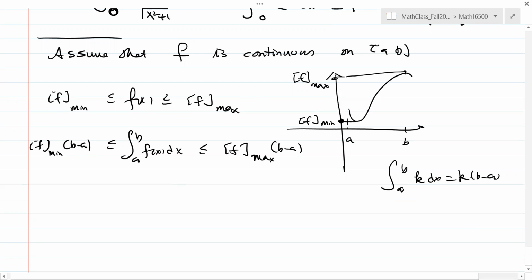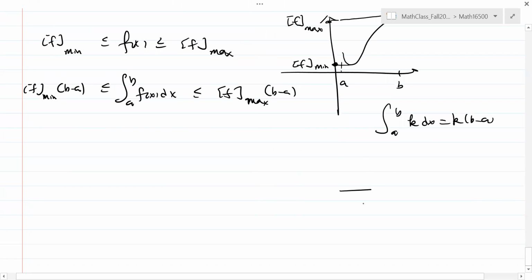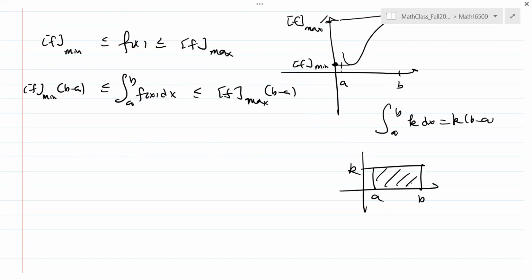The reason is if you draw it, you get a rectangle. The height is k, the width is b minus a. Here's a, that's b. The integral of k over the interval is actually the area of this rectangle. That's why it's a constant times b minus a.